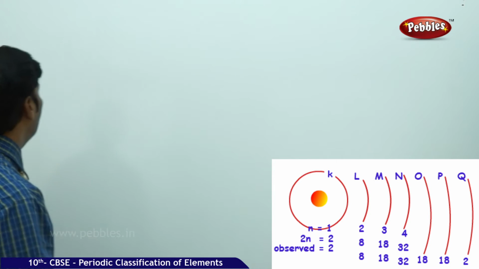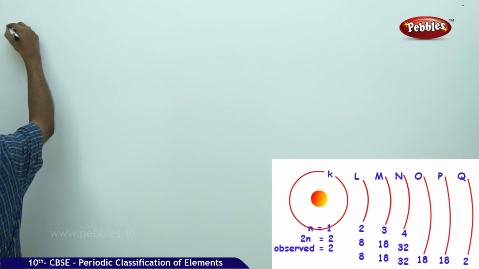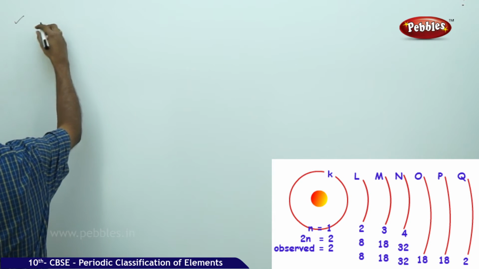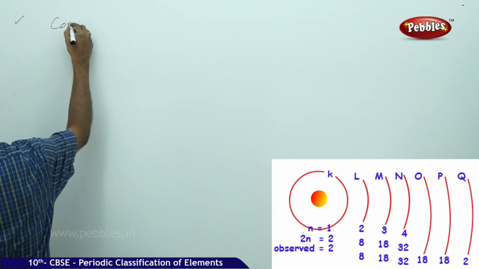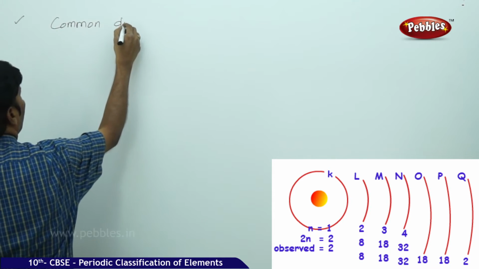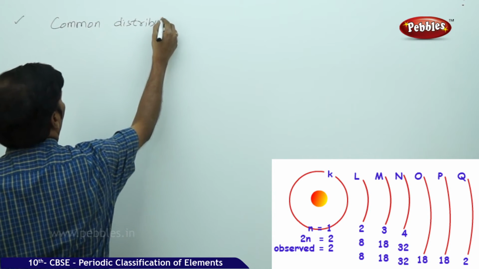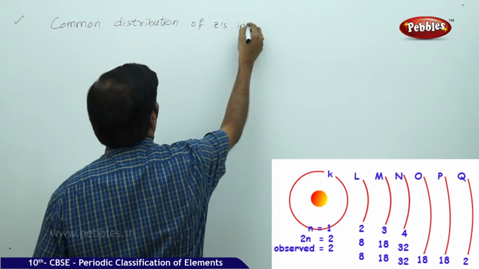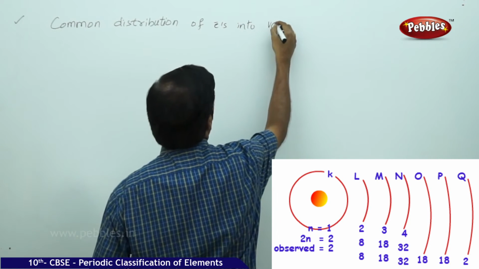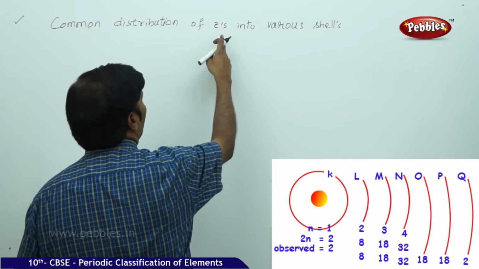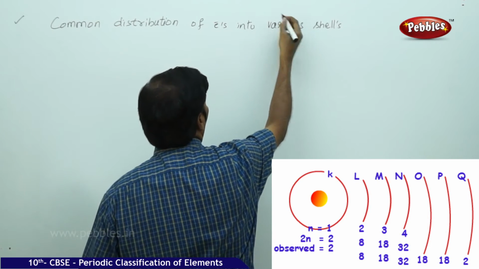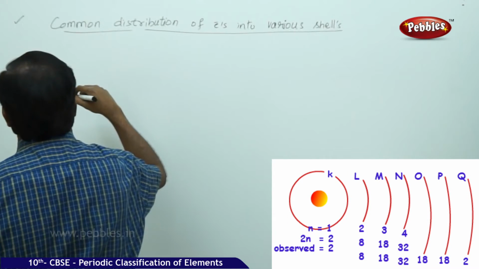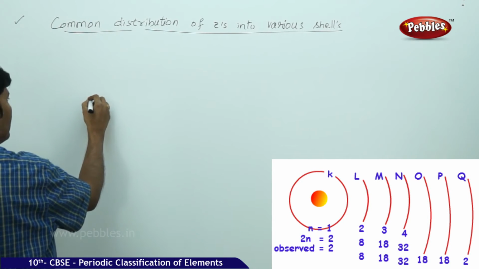The next part of the discussion in the modern periodic table is the common distribution of electrons into various shells. Let us take a nucleus.